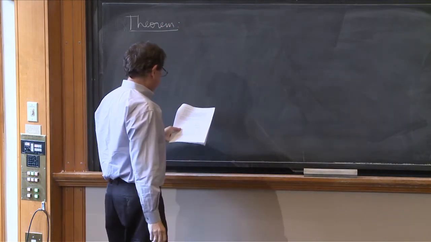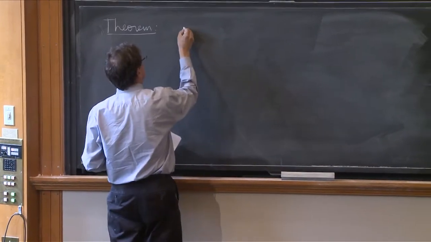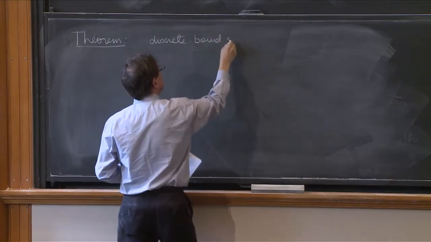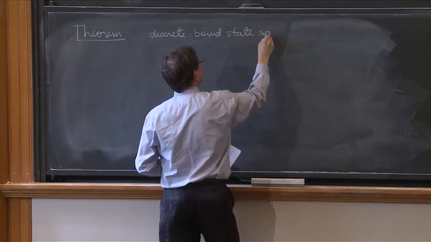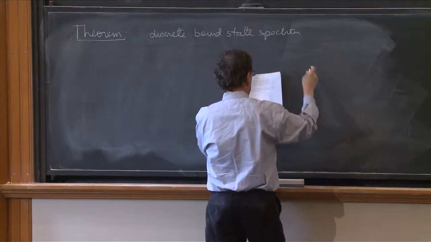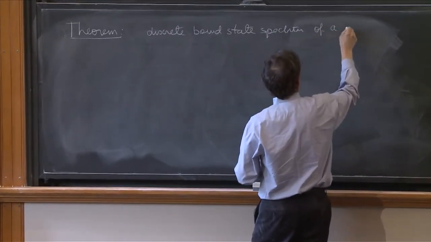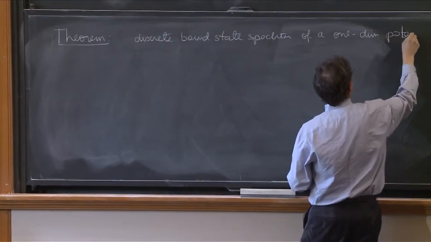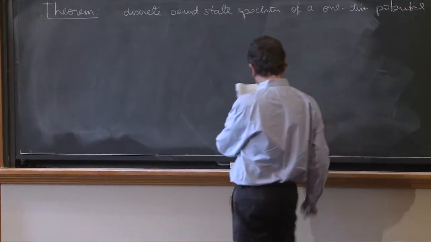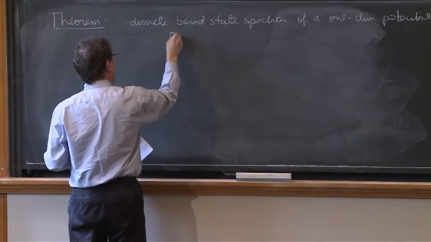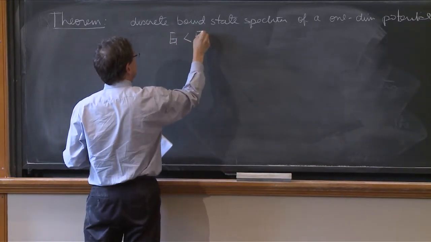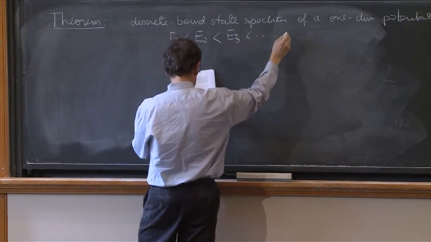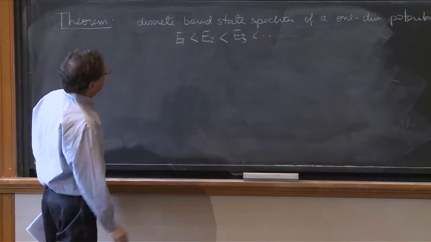So if you have the discrete bound state spectrum of a one-dimensional potential, and you list the energies, E1 less than E2 less than E3, like that.